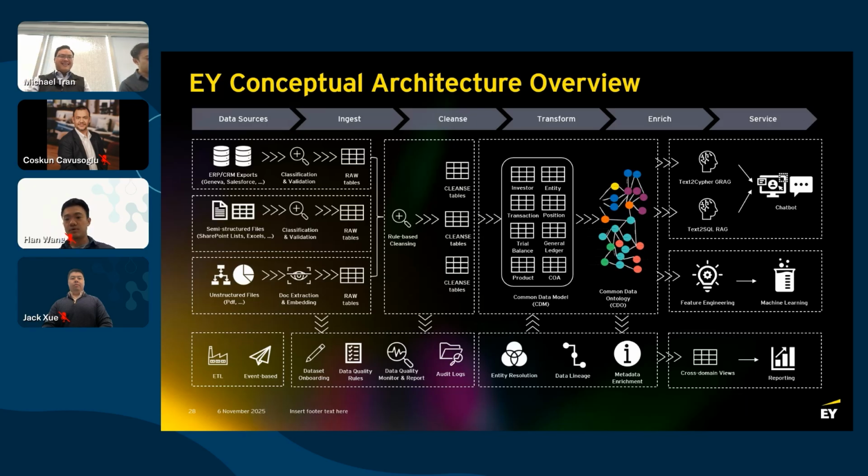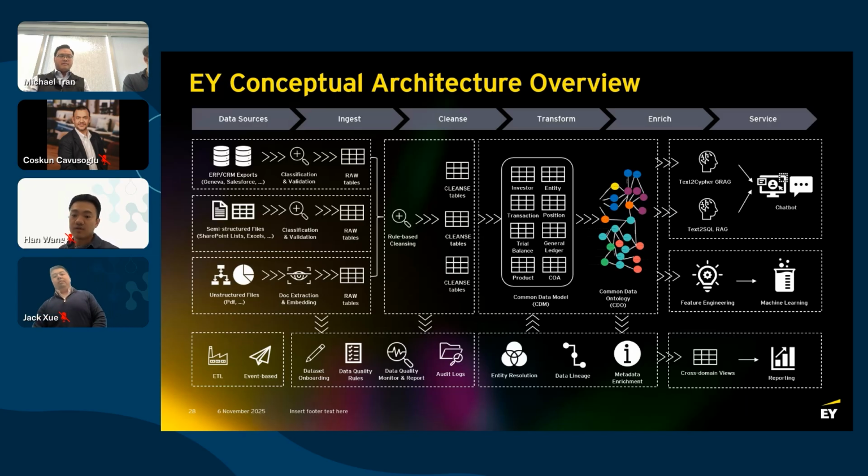So this is our blueprint when we are approaching a client to help them build this graph layer for breaking silos, right? I think from the left side, a lot of companies are already doing that, right? They get the data from different data sources, ingest them, cleanse them, put them in a data warehouse. What I really want to focus on in this session is from that warehouse to this graph layer, right? We call the warehouse the common data model.